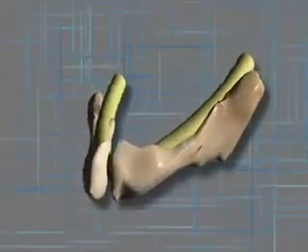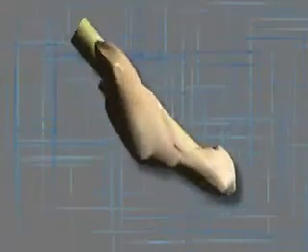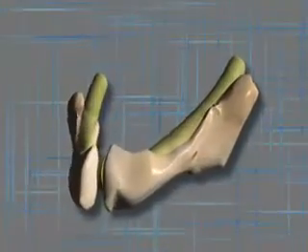By 10 weeks, the rudimentary mandible is formed almost entirely by intramembranous ossification with little or no direct involvement of Meckel's cartilage.